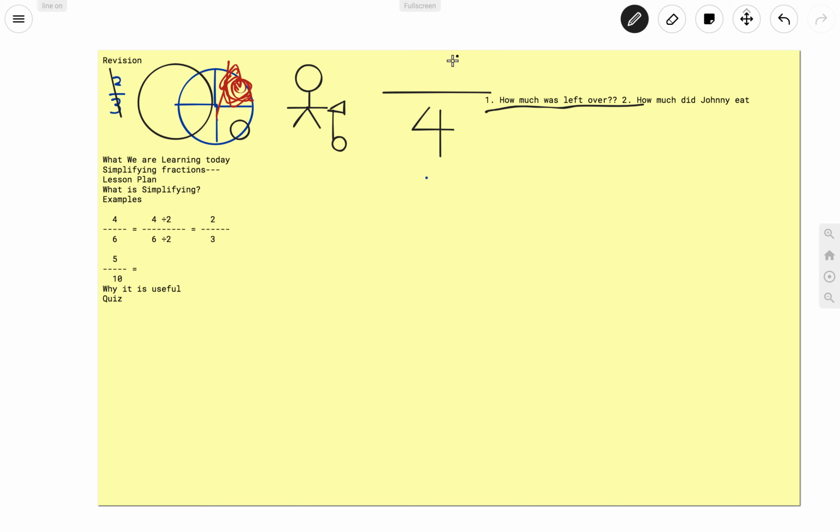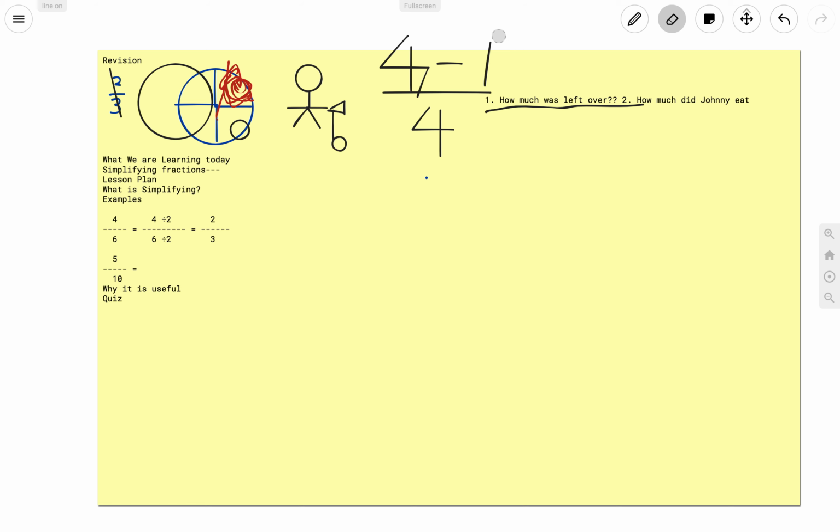How much was left over, which means there used to be 4, right? He ate 1.